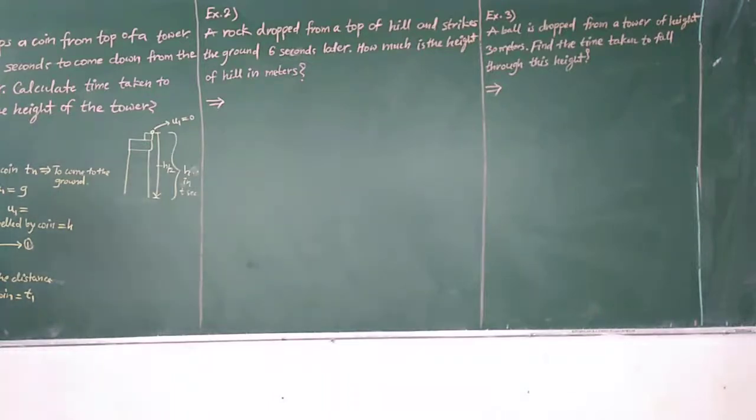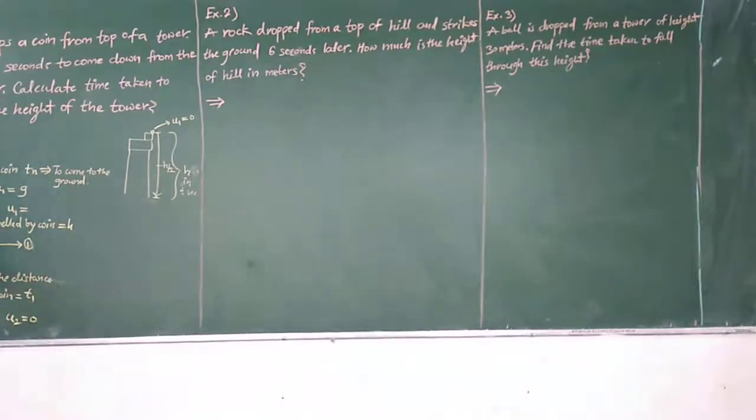Then we know acceleration, a2 is equal to g, the acceleration due to gravity. Initial velocity, I will write u2, is also 0.